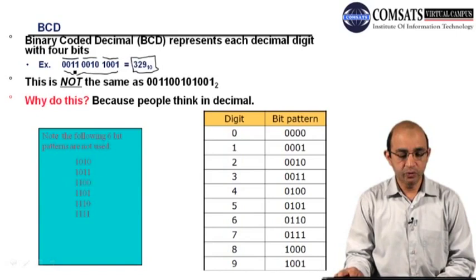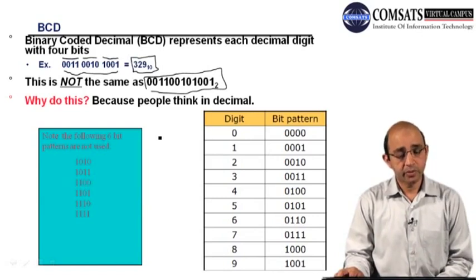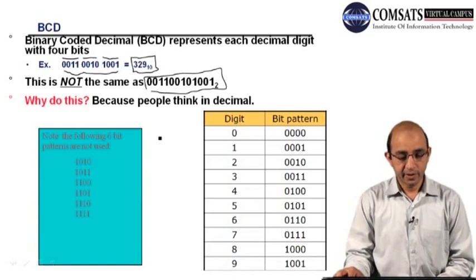This is equivalent to decimal 3, this is equivalent to 2, and this is equivalent to decimal 9, right? If you talk about this other combination, this is not the same, right?